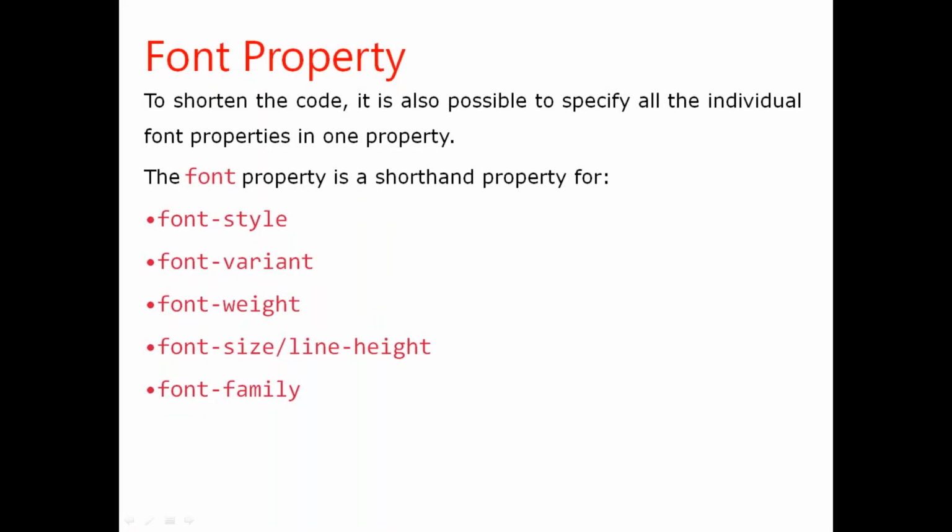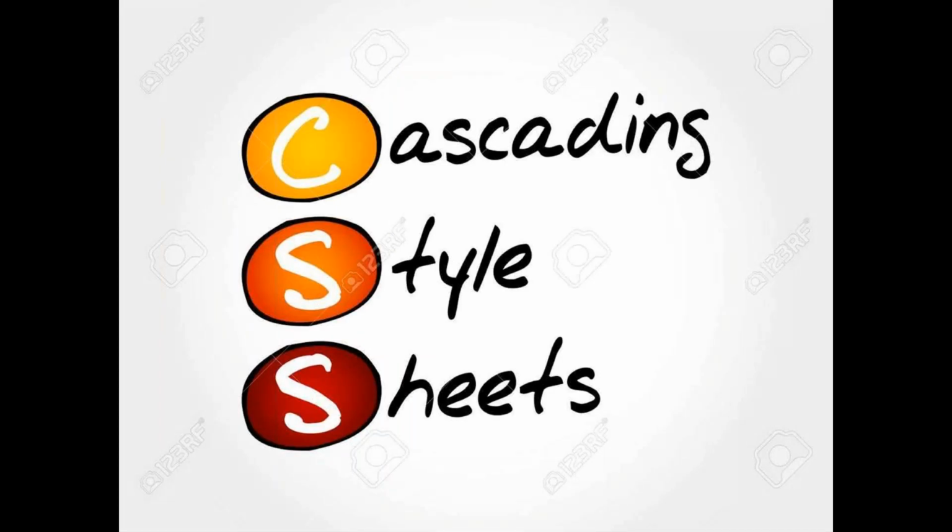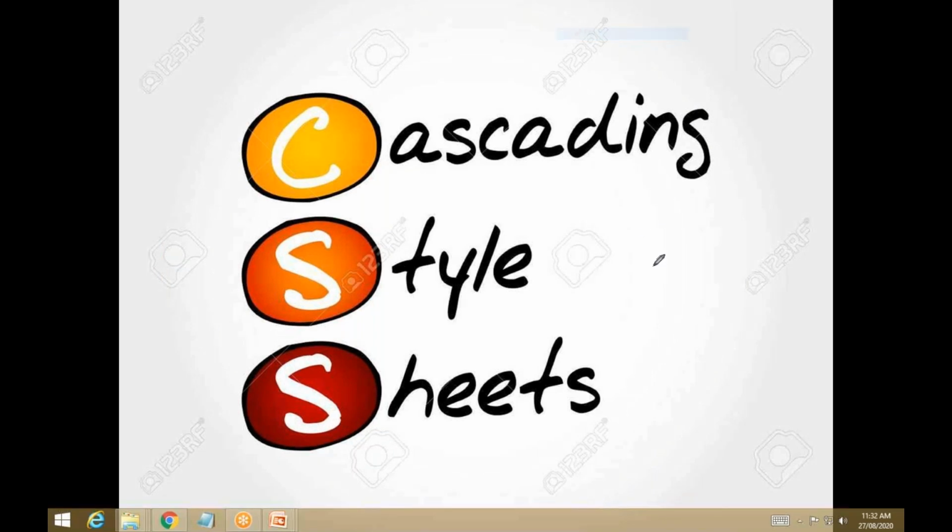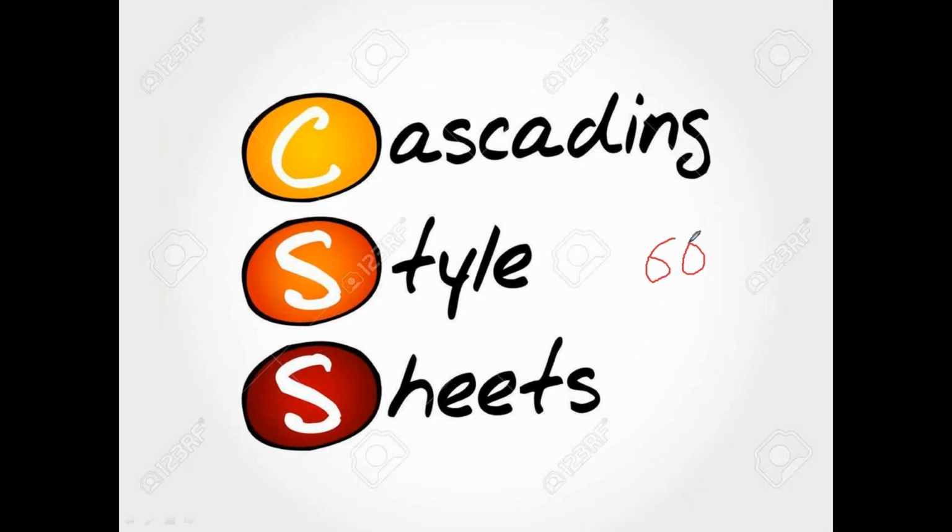As I told you in the previous class, CSS properties are categorized into 7 groups, like font property, list property, text property, align property, color, background, and margin. In total there are 60 properties available in CSS, divided into 7 groups.